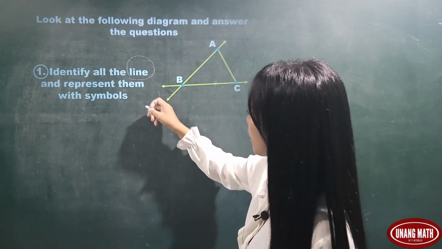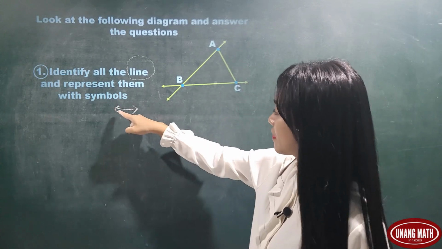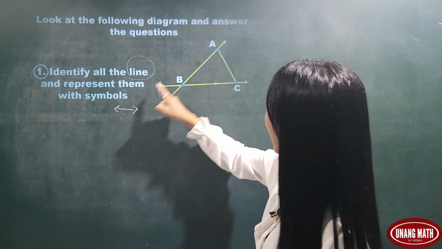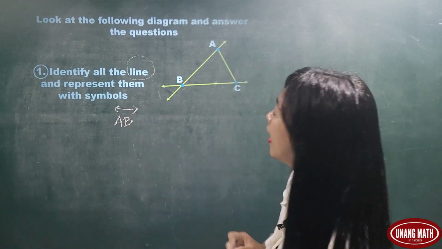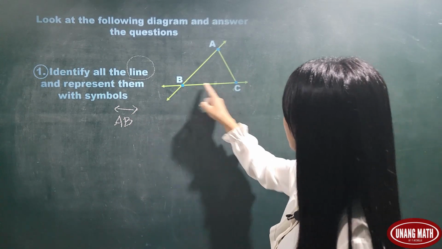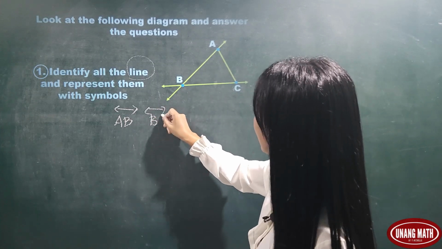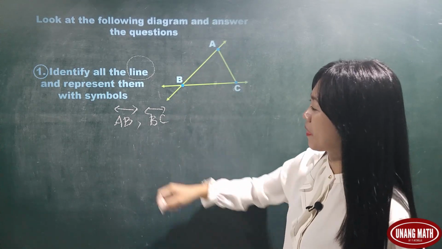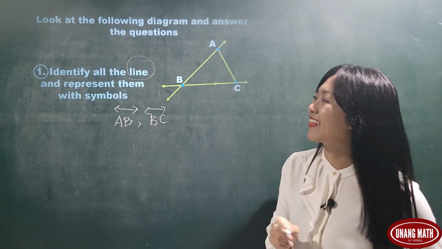So the symbol for a line is a horizontal line with arrows on both sides. In this diagram, we can have line AB. We also have line BC. So these are the two lines in this diagram, line AB and line BC.